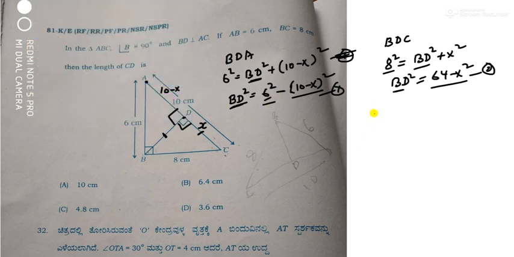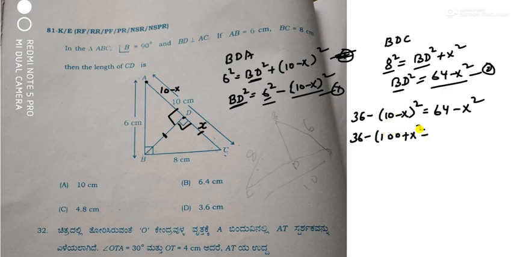So this is 36 minus (10 minus x) whole square is equal to 64 minus x square. On reducing, this becomes a square, so it is 100, right? A square plus b square minus 2ab, that is 20x, which is equal to 64 minus x square.